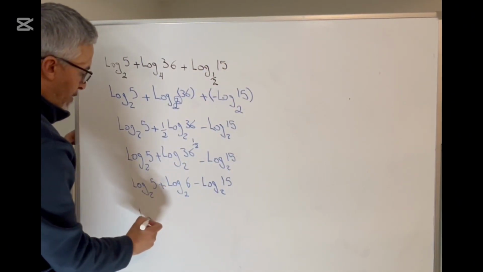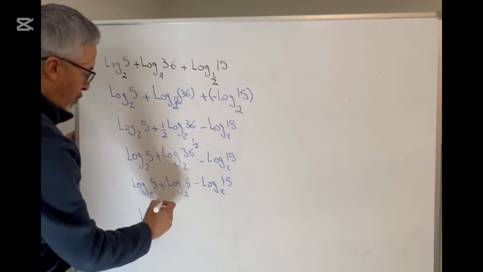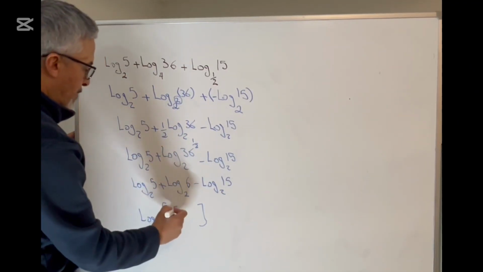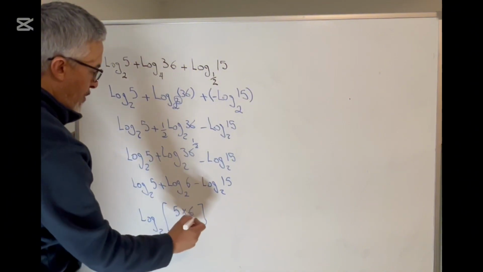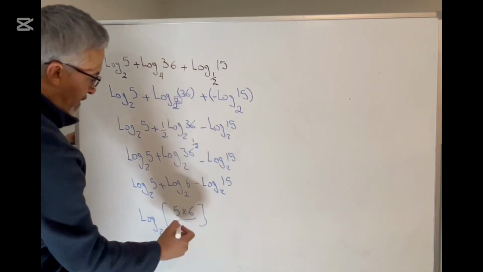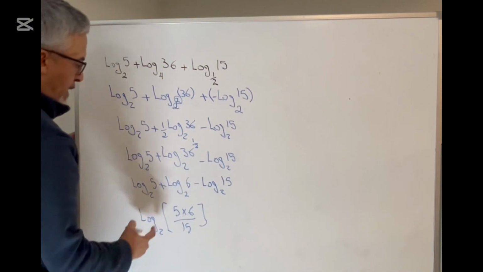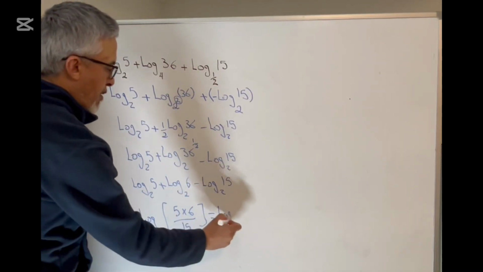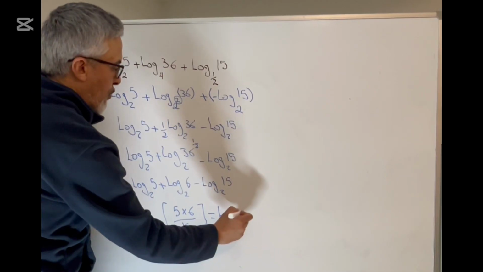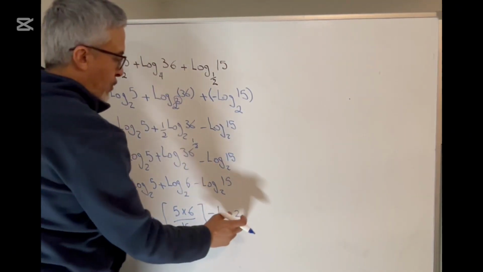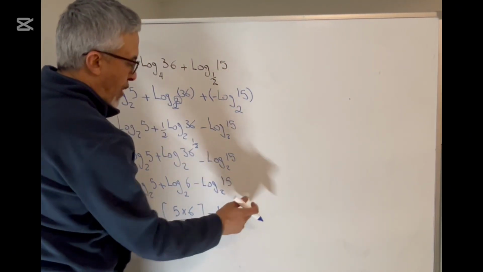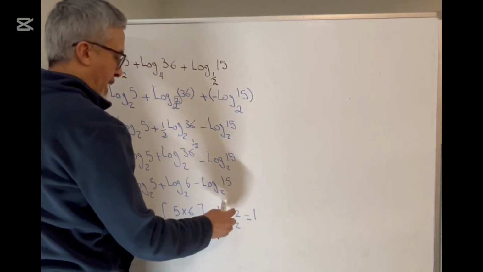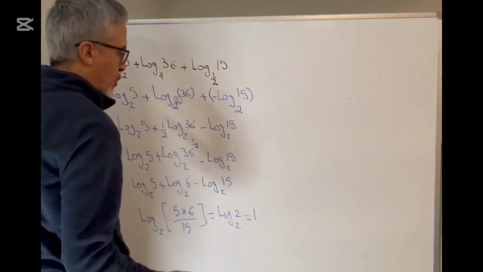We're going to have log base 2, put everything in brackets here, 5 times 6 over 15. Now that's 30 over 15, that becomes log base 2 of 2, which equals... log base 2 of 2 is asking you, 2 raised to what power equals 2? That's 1. And whenever the base and what you take the log of are the same, that's always 1.